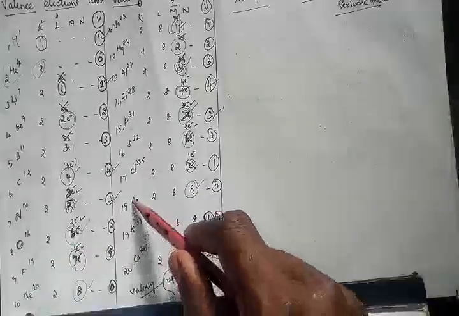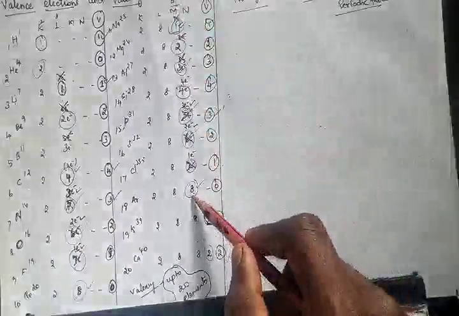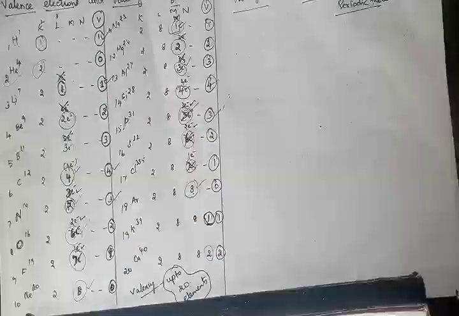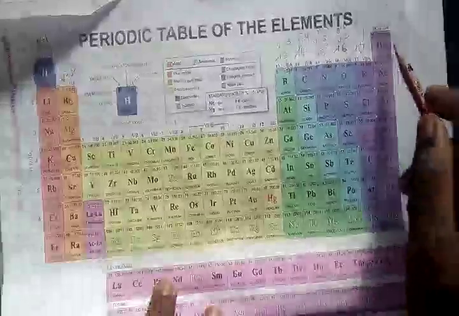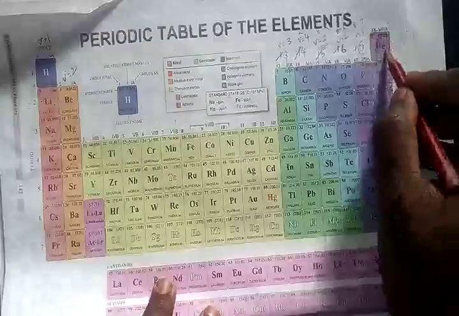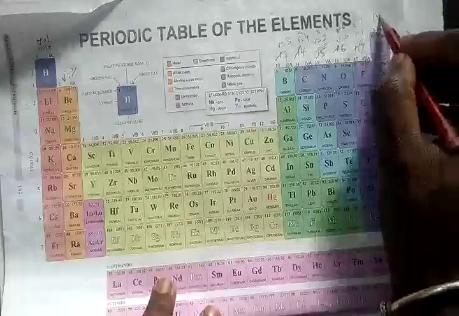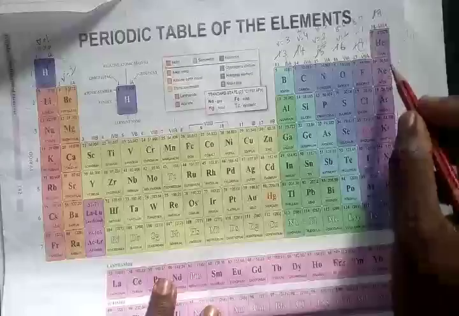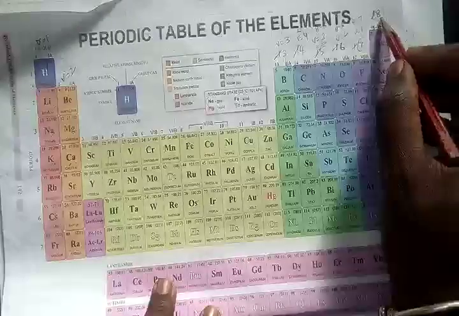Here also the L shell is filled in the neon case. In the argon case, the M shell is filled. So the shell is filled, so they belong to the last group, that is the 18th group. You could see here helium, neon, argon. So in this, all these elements except helium have 8 electrons. That is why they belong to the 18th group. So if we cut this one, the number of electrons in the last shell is 8.